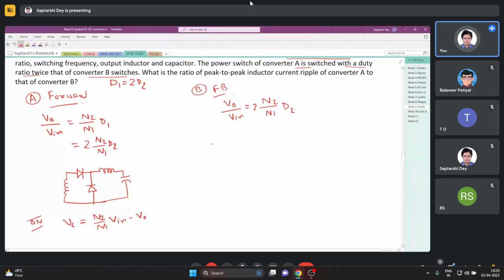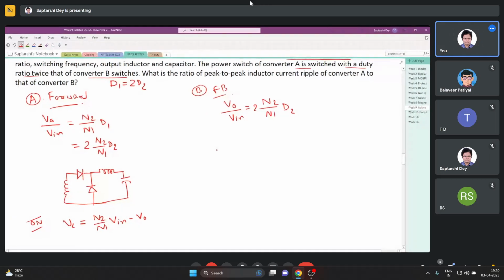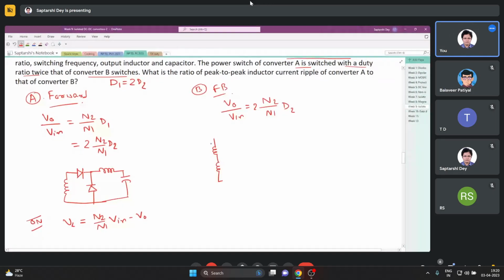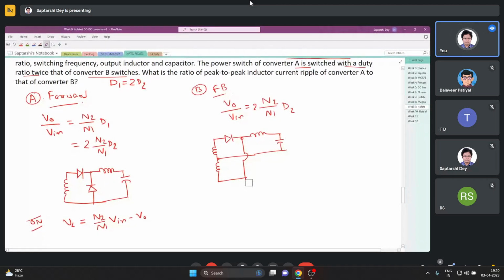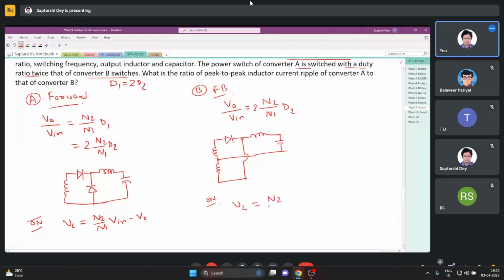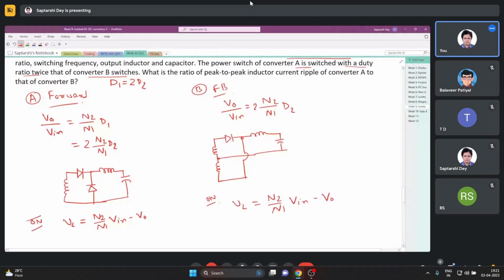And for this full bridge it's different. There are more windings, but operation wise they are the same. When any of the windings are operational, say the upper one or the lower one, here also during the on time, the inductor voltage is n2 by n1 Vin minus Vout, right?